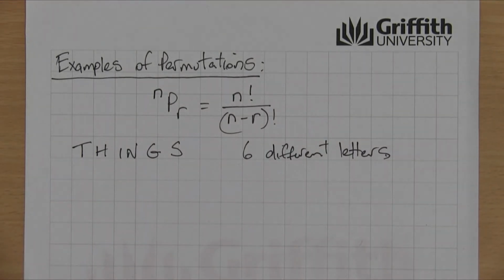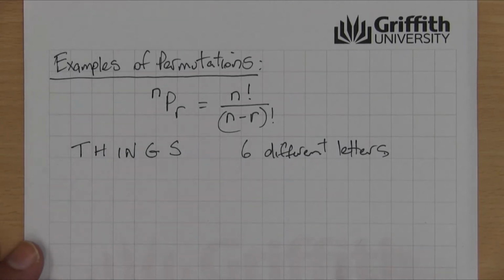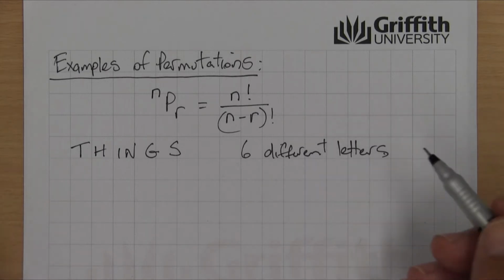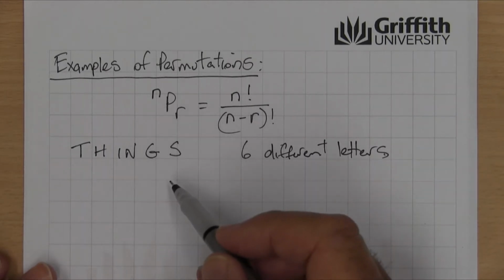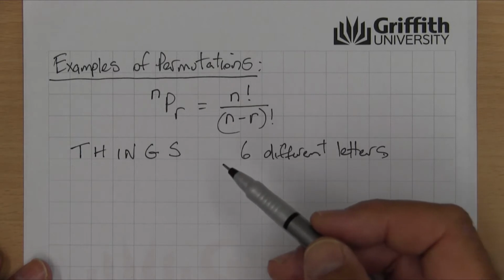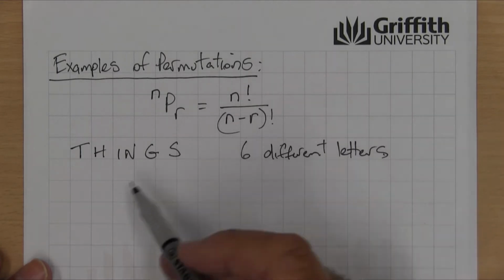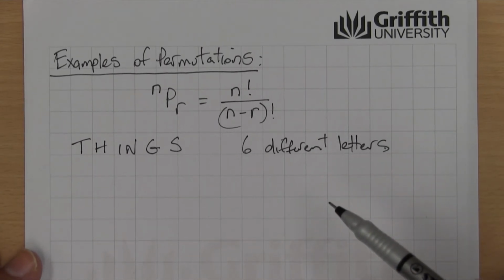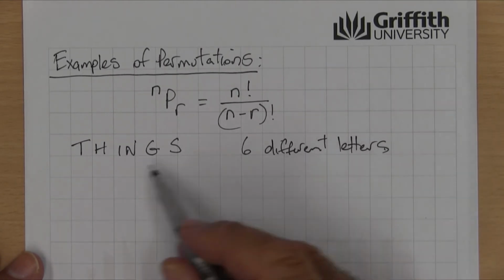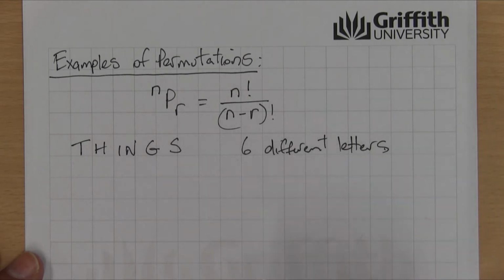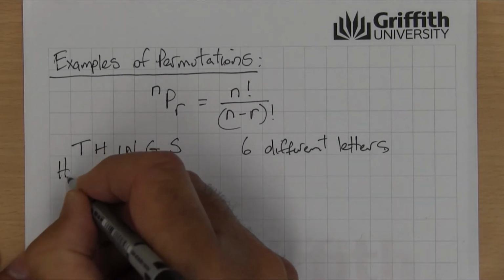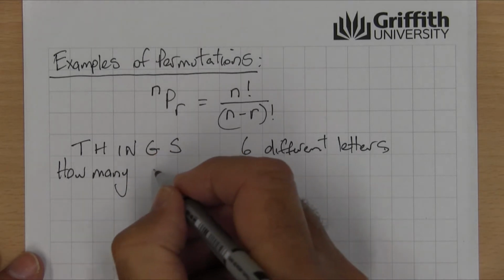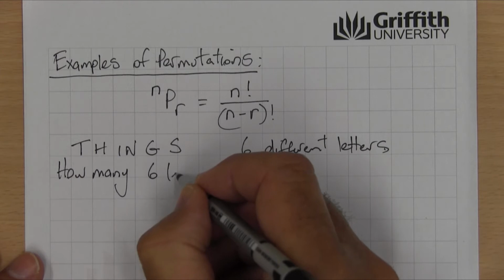And if you wanted to work out the number of ways you could form, now when we're talking about words in this scenario, we're not talking about words that are actually in the dictionary, we're just talking about the way that the letters can be organised, different ways the letters can be organised. So we've got 6 different letters there, 1, 2, 3, 4, 5, 6. So how many 6-letter words?